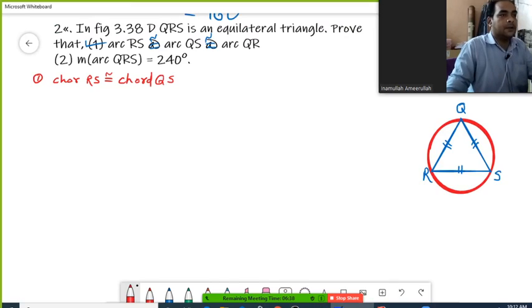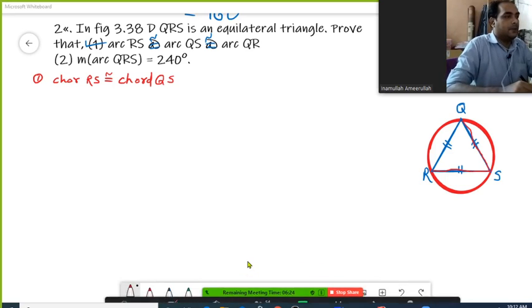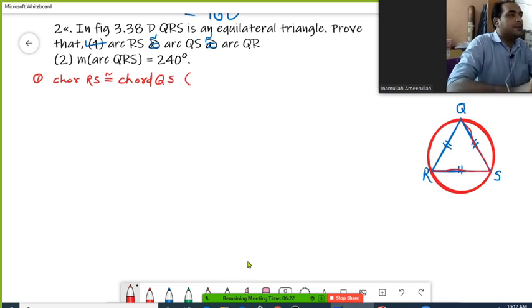Okay. So this chord RS, I'm talking about this chord RS, is congruent with QS. So these two are congruent chords. Why? We need to provide a proper reason for this, because triangle QRS is an equilateral triangle, and we know all three sides of an equilateral triangle are equal.